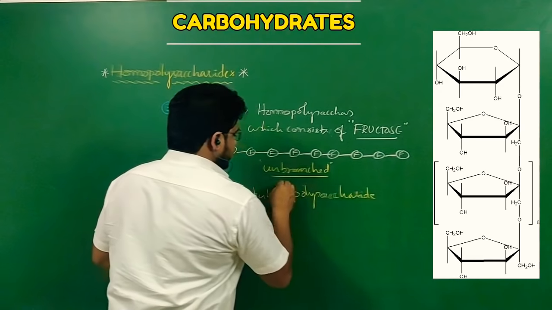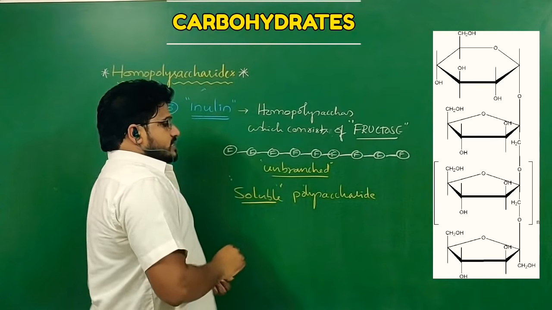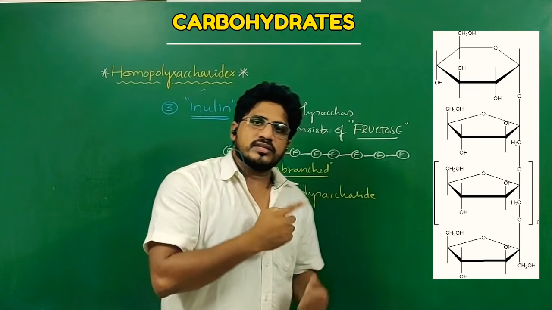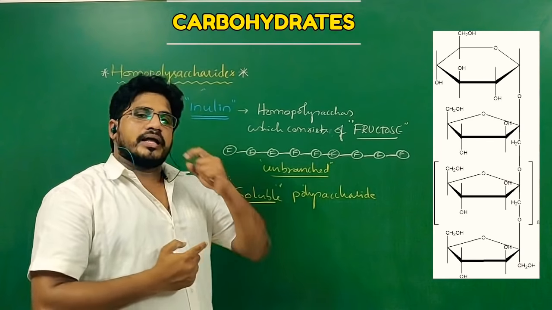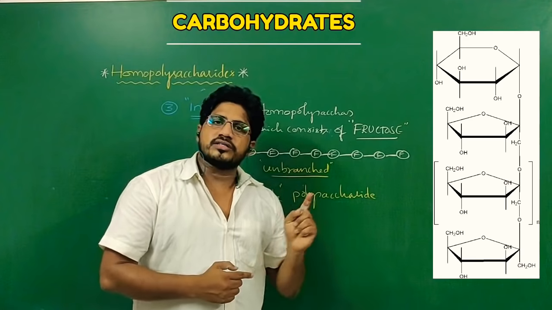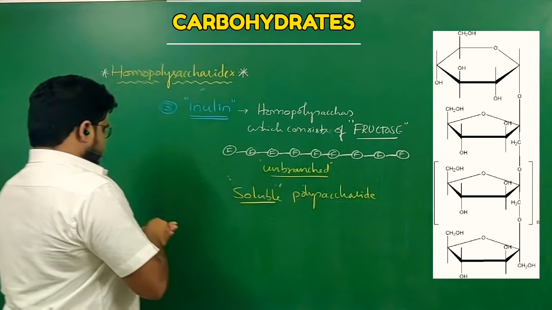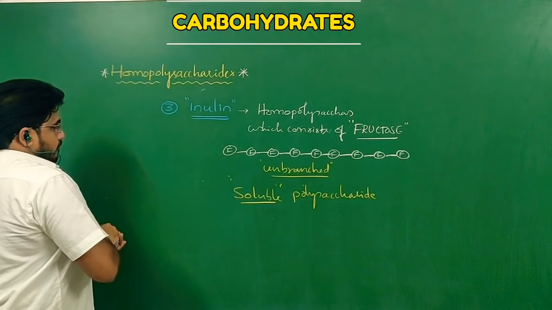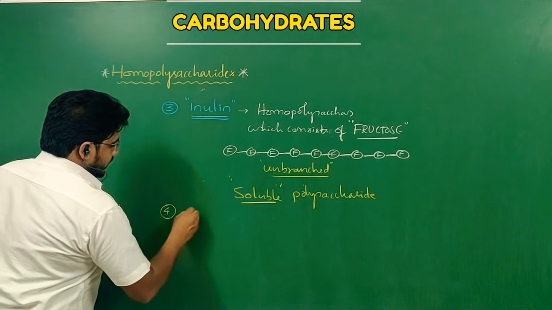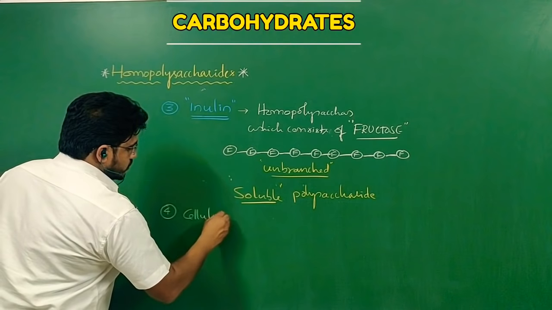Yet you have seen soluble polysaccharides that are two. One is amylose, second one is inulin. But amylose is a polymer of glucose, inulin is a polymer of fructose. That is the difference. Next one, fourth one, that is cellulose.